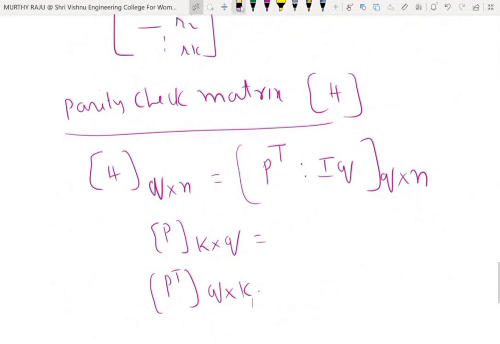The P matrix is of order K cross Q. Okay, these are the two important matrices: generator matrix G and parity check matrix H. With this, the analysis of the generator matrix and the parity check matrix of the linear block code is completed.